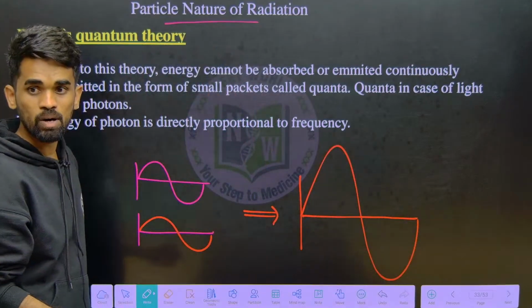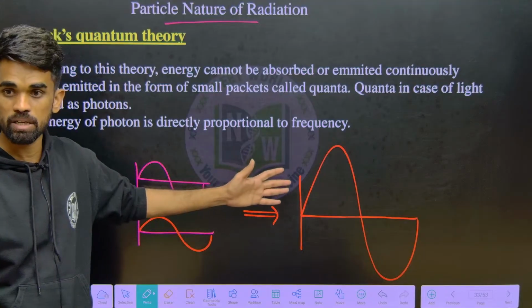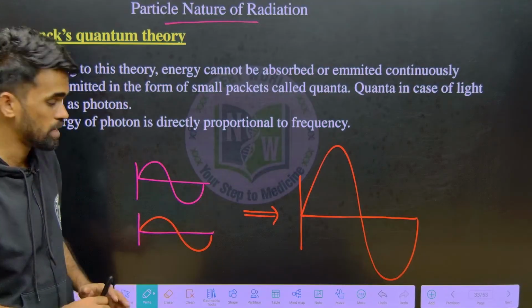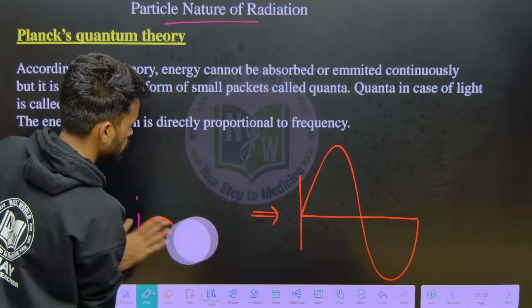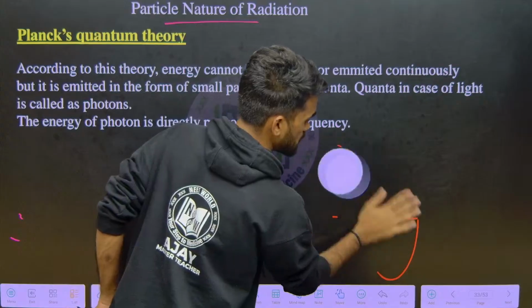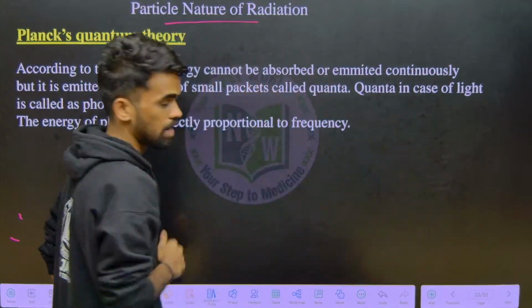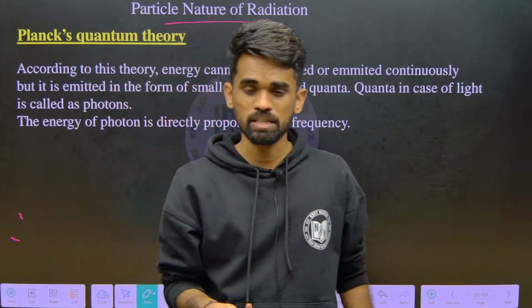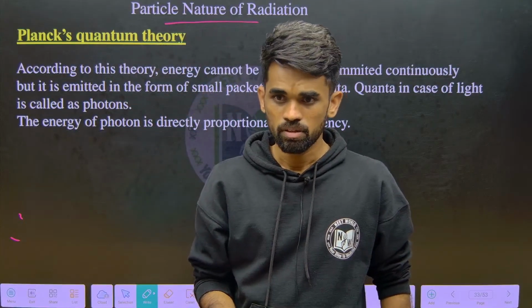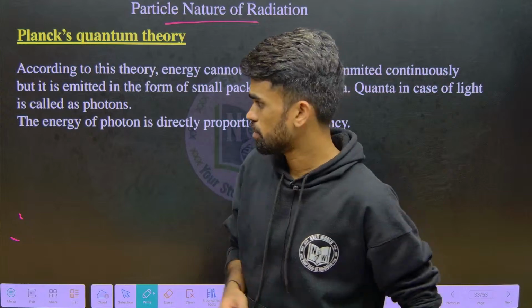This is called interference, like constructive interference and destructive interference. We will be studying it somewhere in physics. These are the two properties that explain the wave nature of light. Along with this, we have other properties like reflection and dispersion.